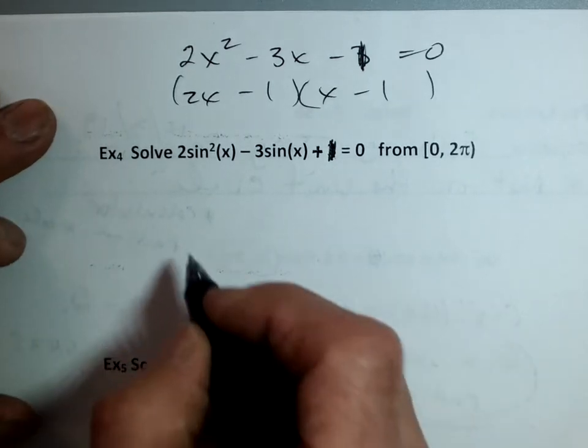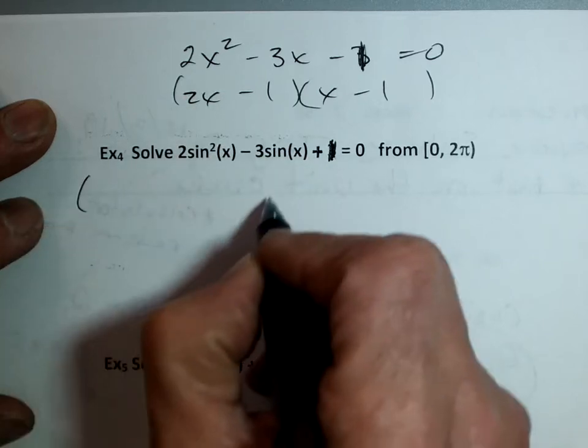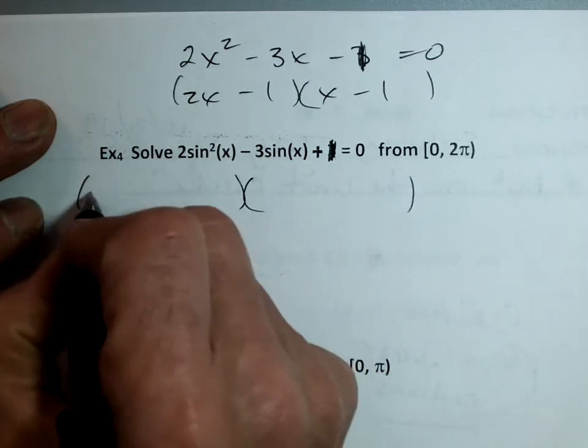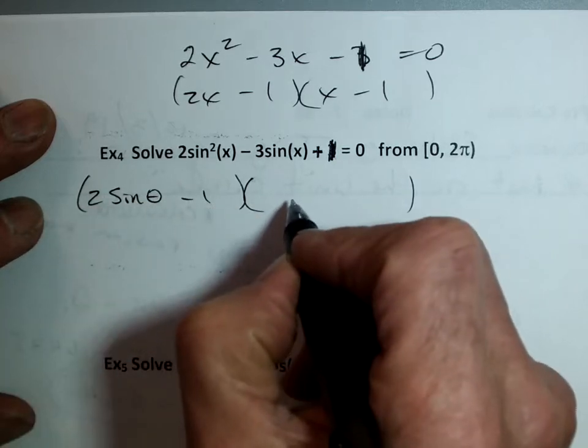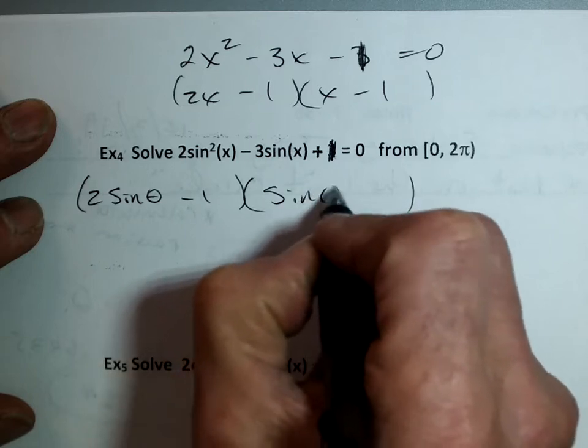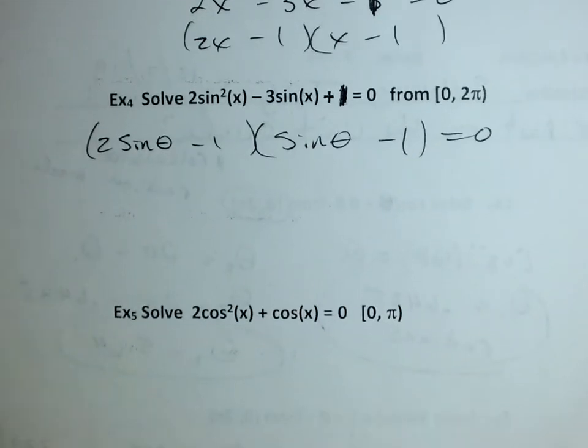Okay, so then instead of x's, it's really going to be sine theta. Factor: 2 sine theta minus 1 and sine theta minus 1 equals 0. It's a better problem. I should have made it that anyway.